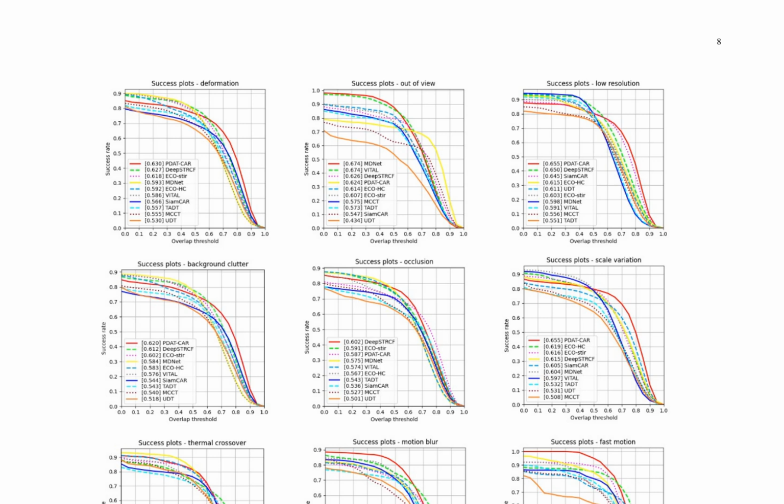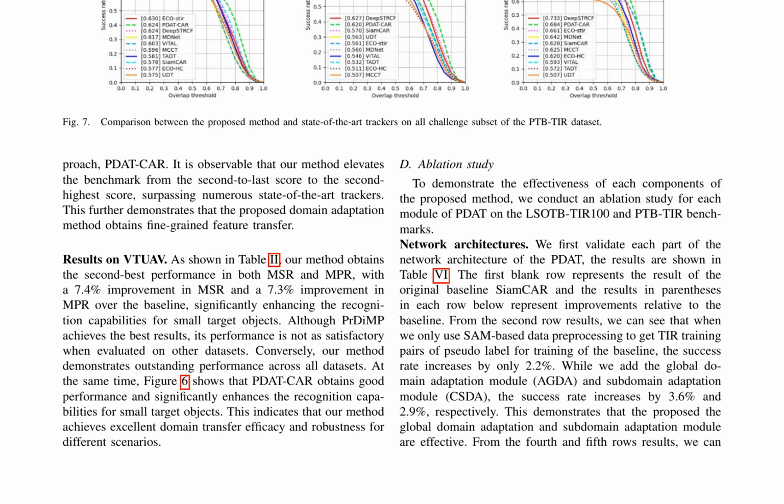of the proposed method. To demonstrate the effectiveness of each component of PDAT-CAR, an ablation study is conducted, focusing on the network architectures. The original baseline SIAM-CAR is compared to variations of the network architecture, with improvements relative to the baseline indicated in parentheses.